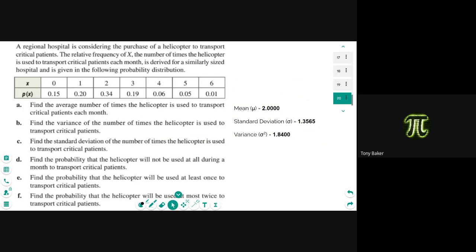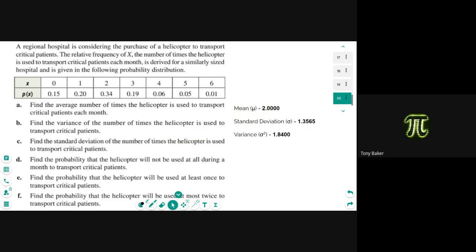So we just figured out that 0 is 15%, right? It has to add up to what? 1 or 100%, right? So what's left? 85%. Remember the complement? It's easier just to subtract that from 100 than to go back through and add them all up, but you get 85%.